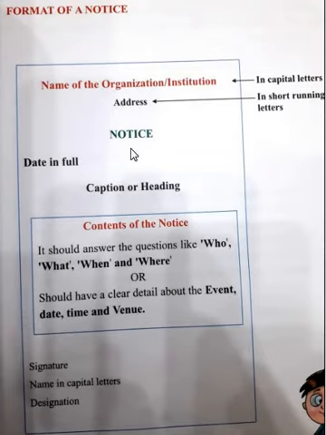Then on the left side of the box you mention the date, then the caption or heading. After that you write the matter or content. It should answer the questions like who, what, when and where. The other terms are event, date, time and venue. The same thing. Then your signature, name in capital letters, designation. Designation means the post you hold. And this is the format of writing a notice.